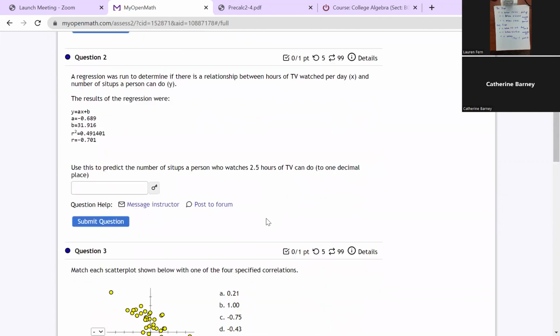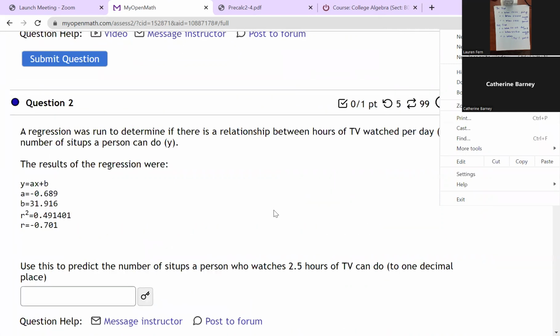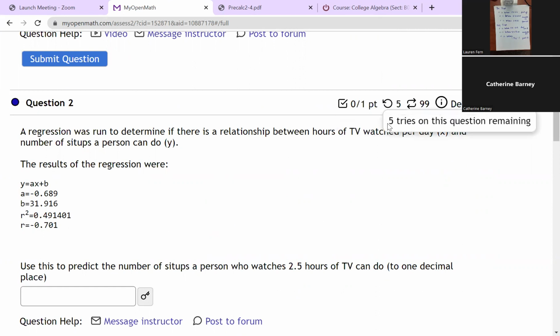Now, what question number 2 shows you is how it looks when you actually compute this in your calculator. What this little story tells us is they wanted to know if there was a relationship between the number of hours of TV watched per day and the number of sit-ups a person can do.